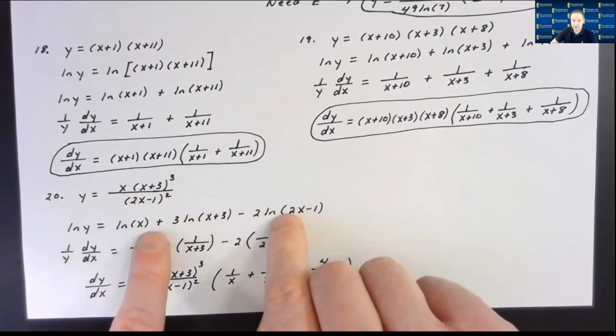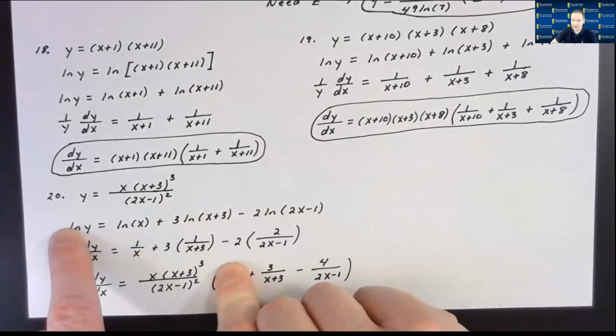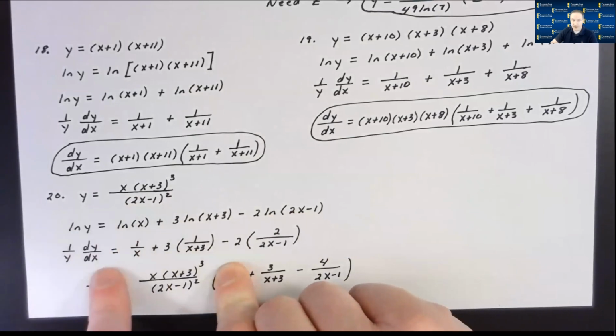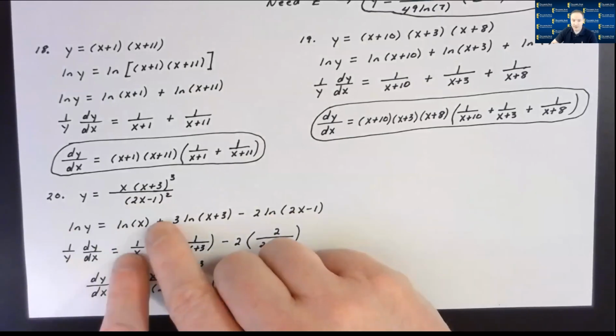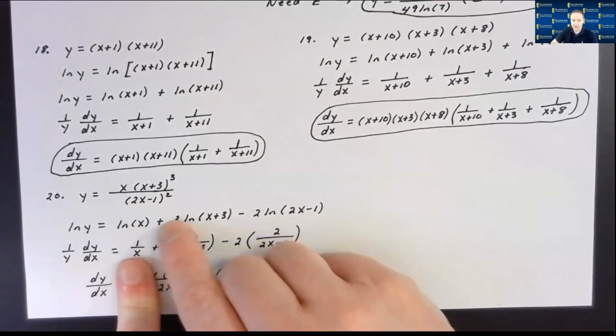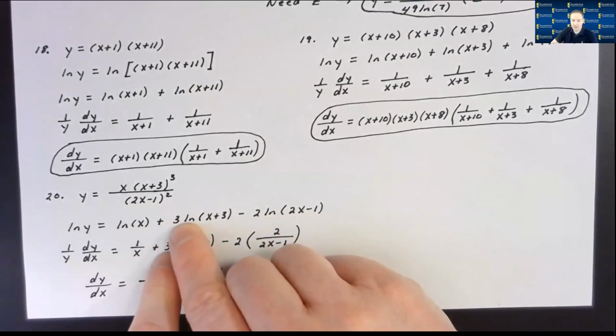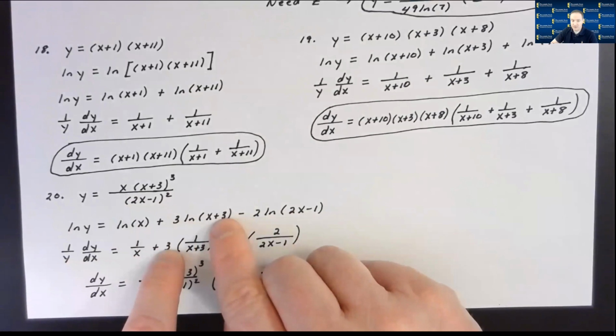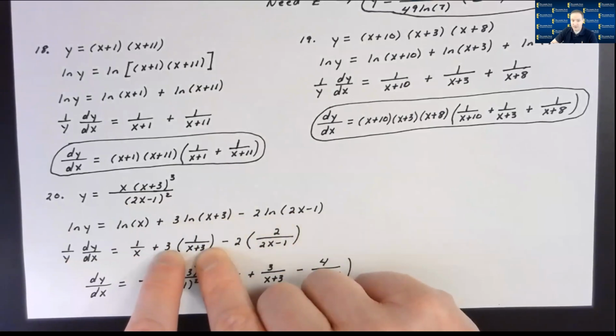Now, I take the derivative of both sides. Left-hand side, as always, 1 over y dy/dx. My right-hand side, first term, 1 over x, then I'll have plus 3 times the derivative of this group, which is just 1 over x plus 3.